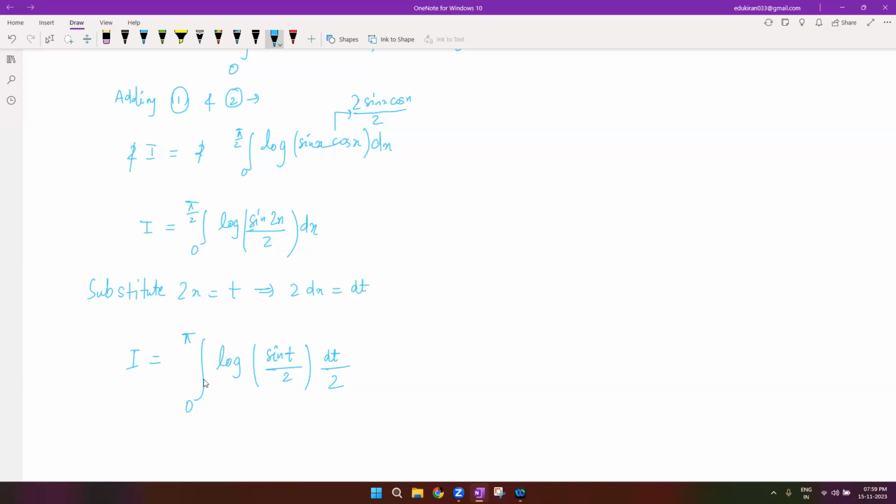The limits have changed. And the question can actually be written as I is equal to integral from 0 to pi of log of sine t, okay, this is 1 by 2 outside. Am I correct? Yes, I guess.